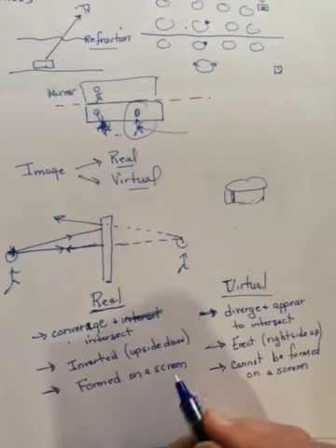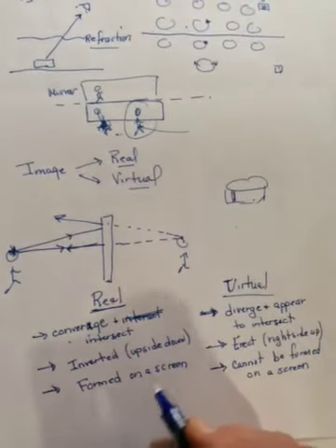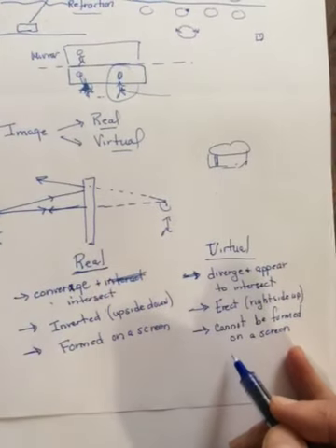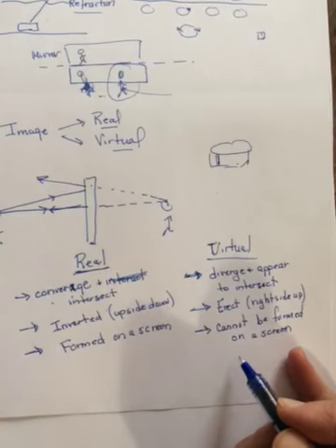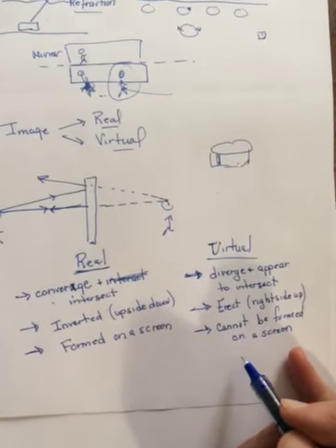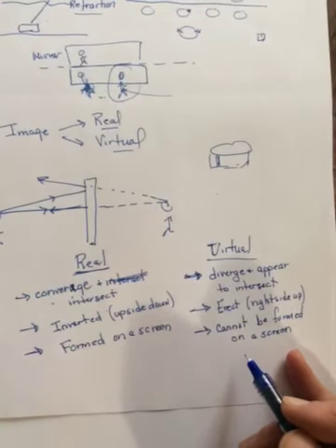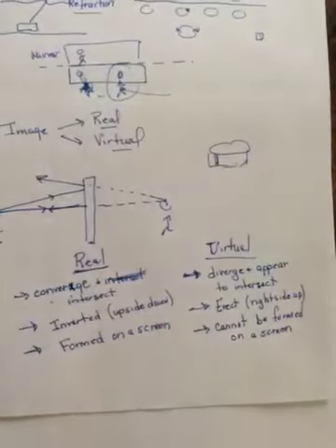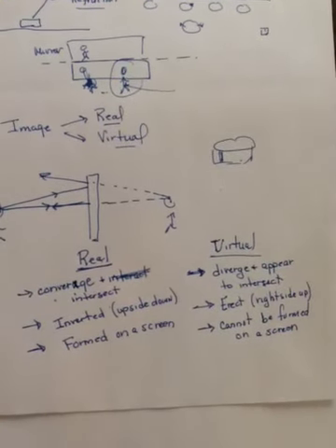Now the smart board one is right side up because it's a double lens, okay? But virtual, think about your bathroom mirror. There is nowhere you can put a screen behind that mirror that's going to form your image, right? I hate to tell you this, but that image isn't really there. So there's no spot that you could possibly put a screen that it would form the image on.